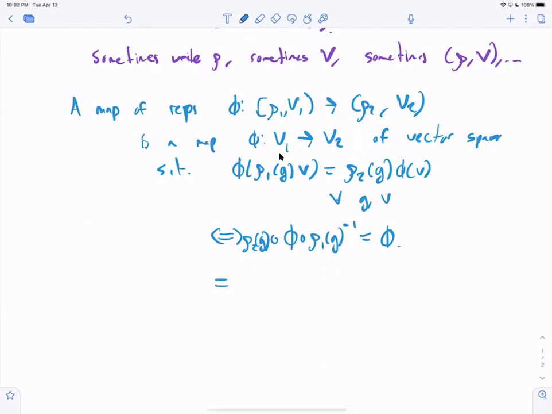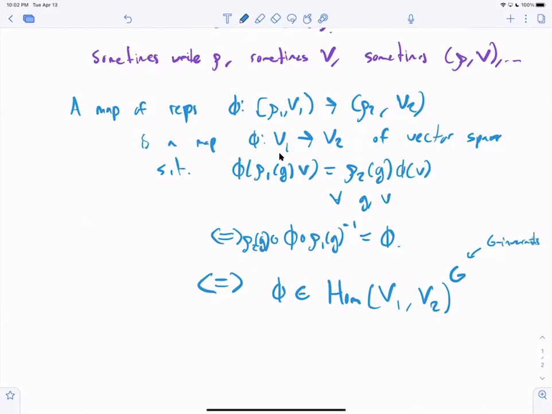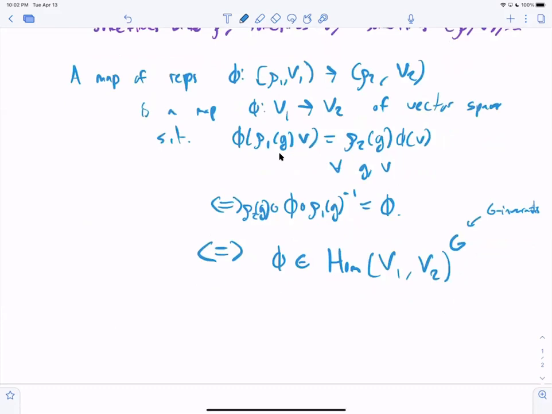And this is if and only if phi is an element that's fixed for the natural action of G on all vector space homomorphisms from V_1 to V_2. When I put this superscript G here, this means G-invariance for the action on this set. In fact this is a representation, but it's an action on the set. This formula is telling you what the action is. The action is by conjugation: you pre-compose with rho_1 of g inverse, and you post-compose with rho_2 of g.